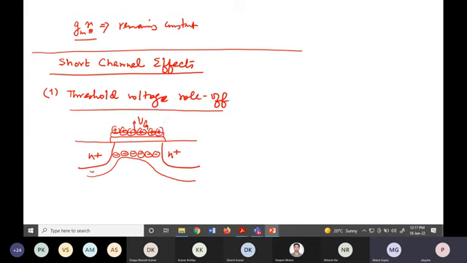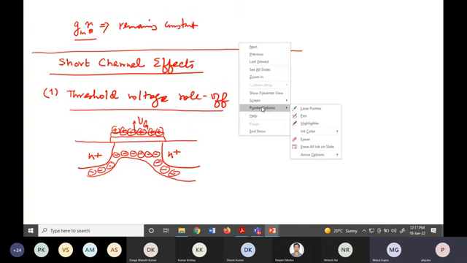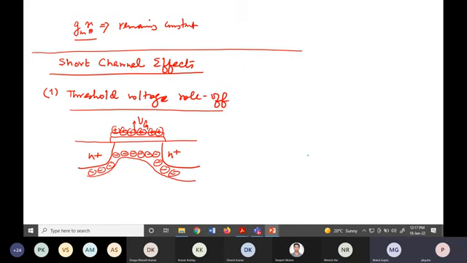Now in a short channel MOSFET, what happens is some of these ions will be imaged by the source, or by the drain. So source and drain have immobile ions, they have immobile ions here, and they have immobile ions here, right?